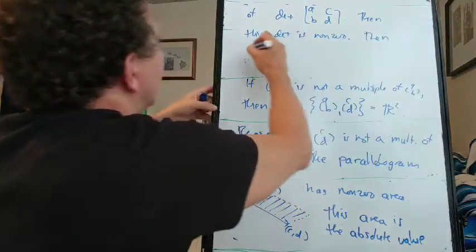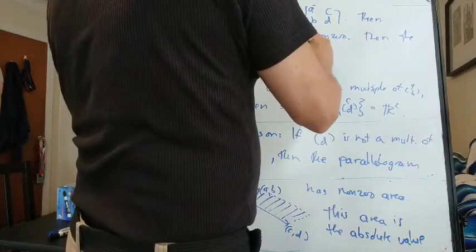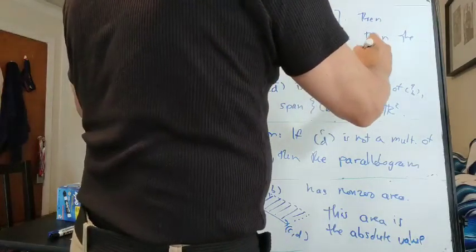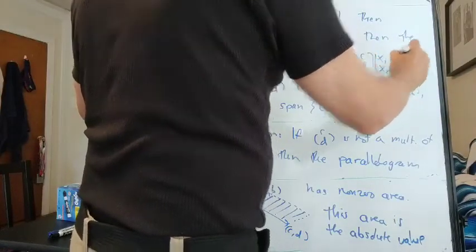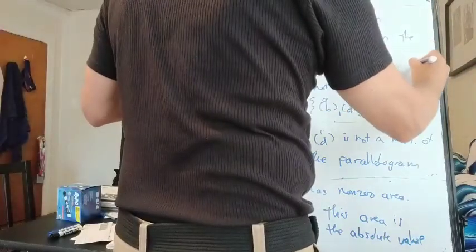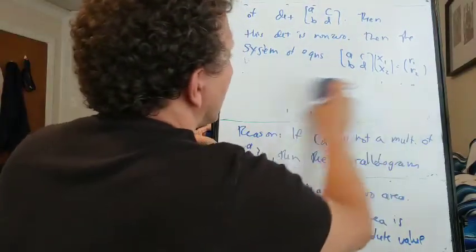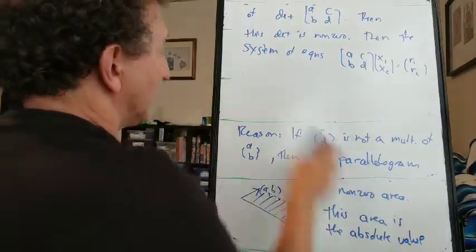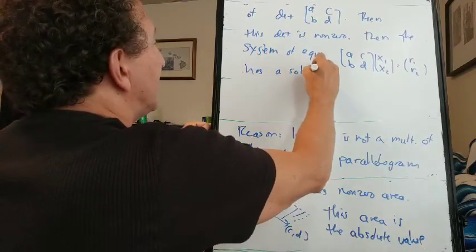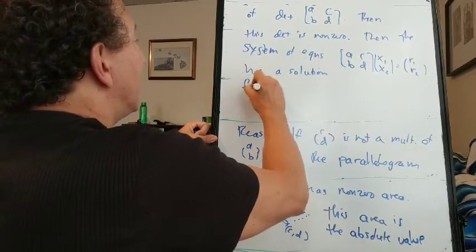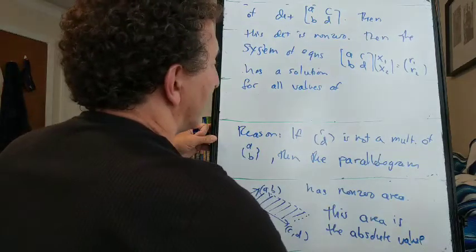Then that means that the system of equations with matrix (a, c; b, d), times (x1, x2), equals any right-hand side you want, let's say (r1, r2), has a solution for all values of r1 and r2.